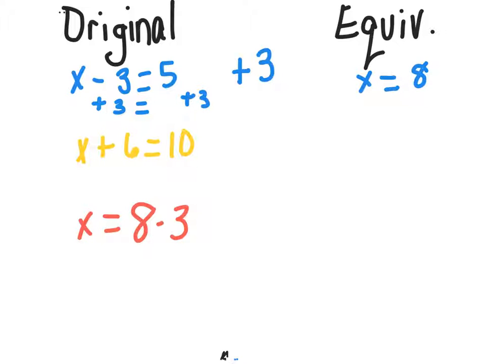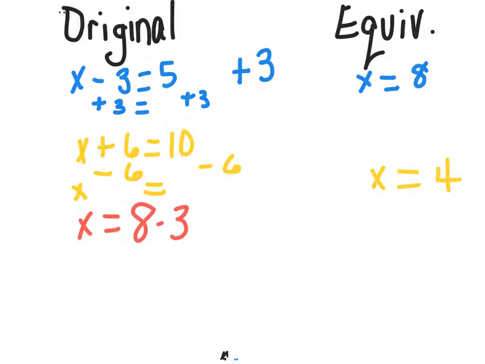We have x plus 6 equals 10. Because this one up here was a negative, it was obvious that the opposite would be plus 3. Here it's a plus 6, so now we must use a negative 6, and now we're going to have x equals 4.